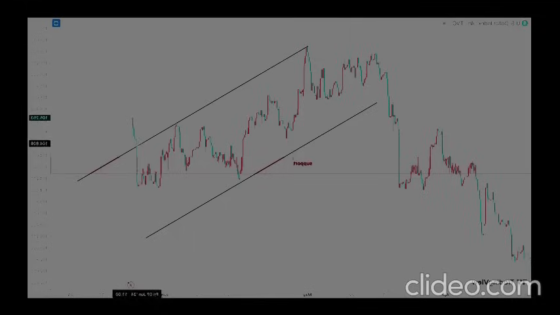If it goes against it, guess what the trend is? Then the trend will be upward.